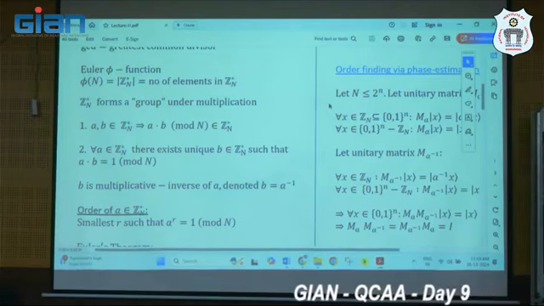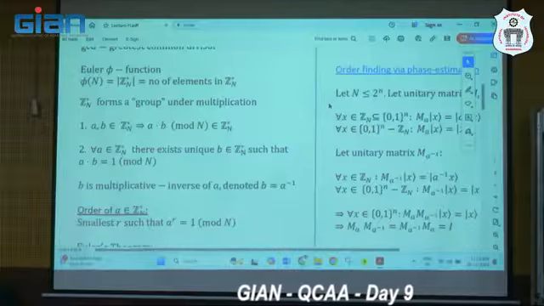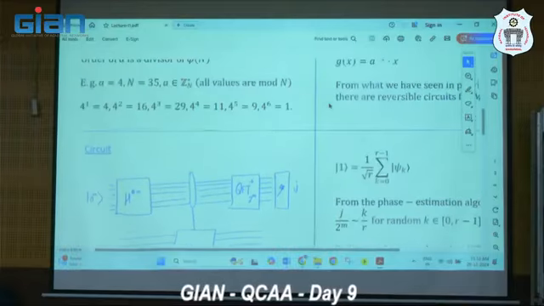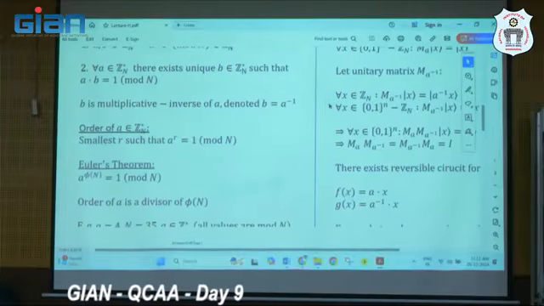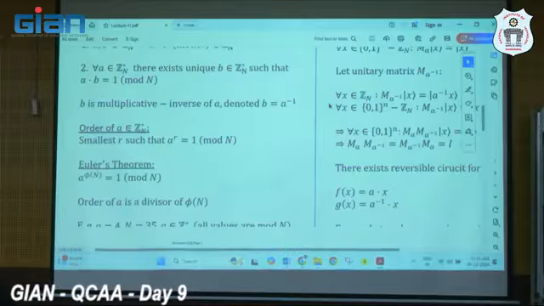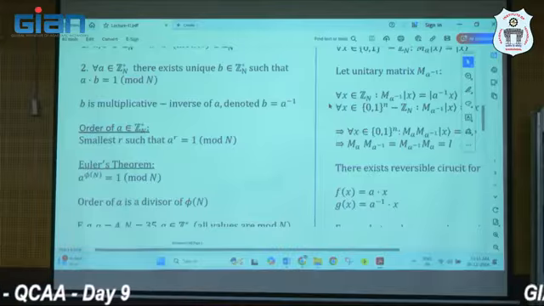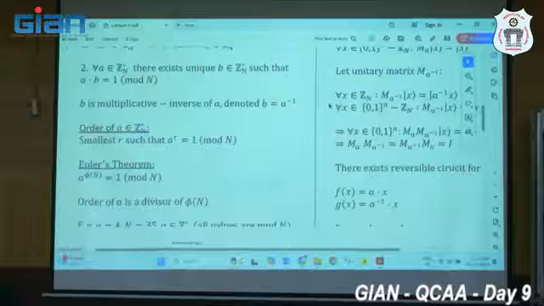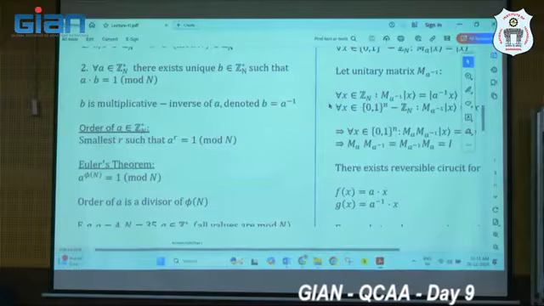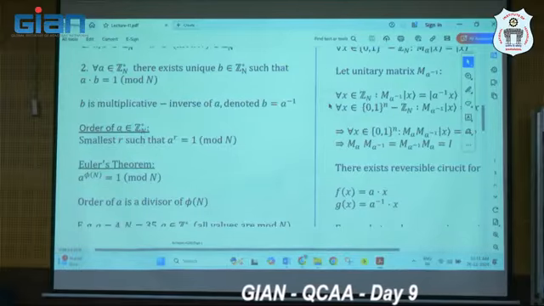Now what is the order of A? Order of A is the smallest r so that A to the power r is equal to 1. Okay. You keep raising to power, you get 1.